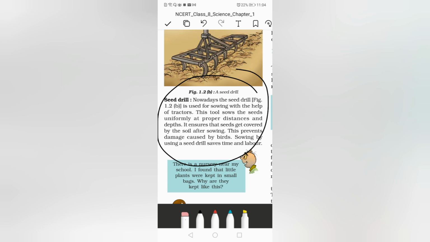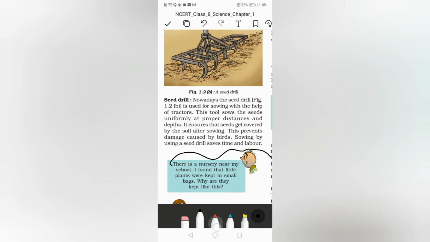The reason you cover the seed: when you're growing a plant, first you put the seed in the soil. Let's suppose you put it up here. Soon you'll realize that birds will come and eat it up.